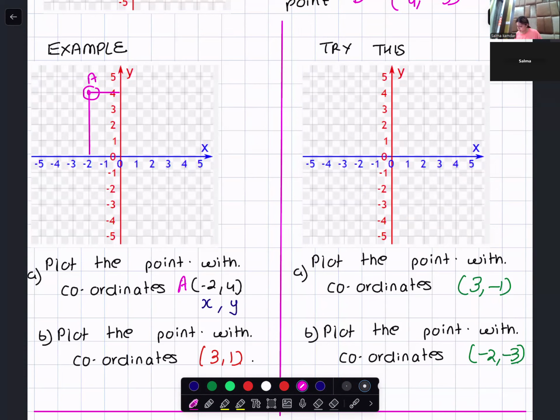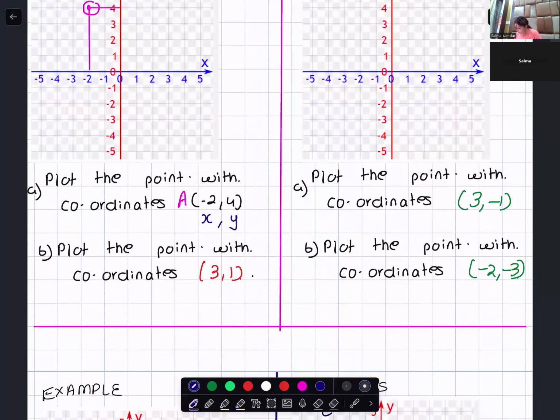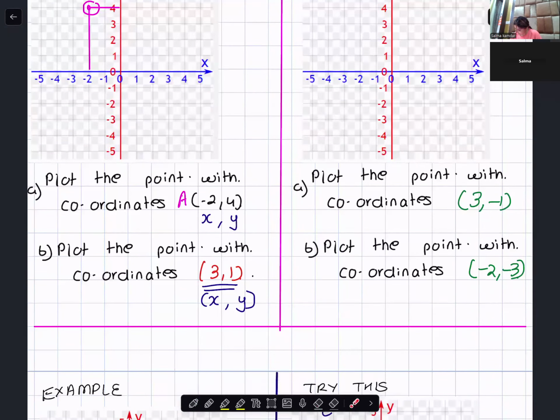Let's look at the next one. I need to plot a point with coordinates 3, 1. Since the coordinates are 3, 1, that is 3 on the x, 1 on the y.